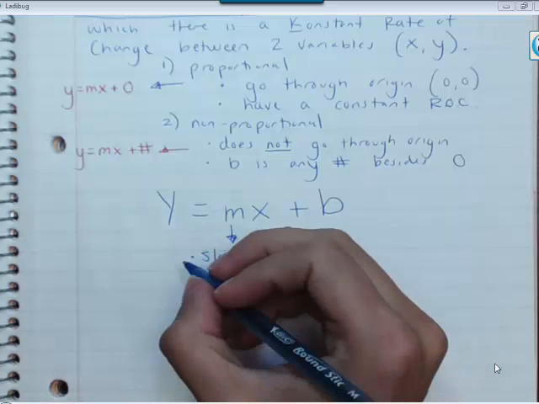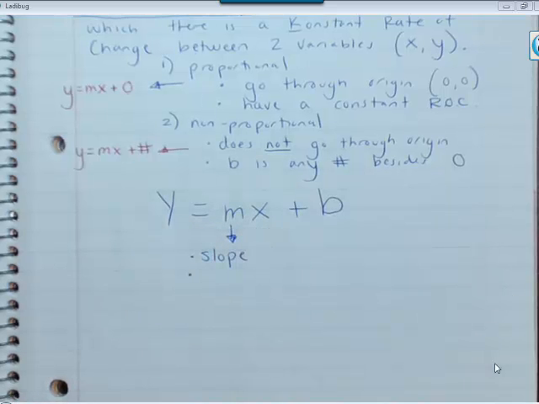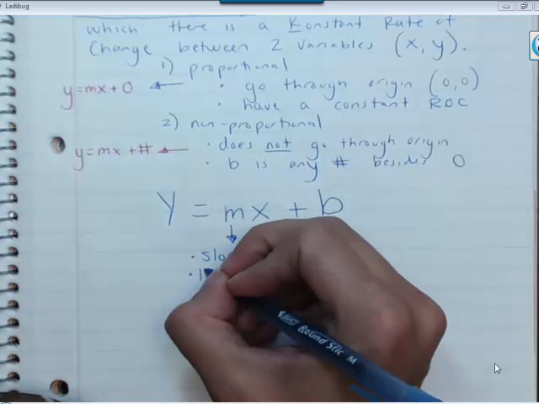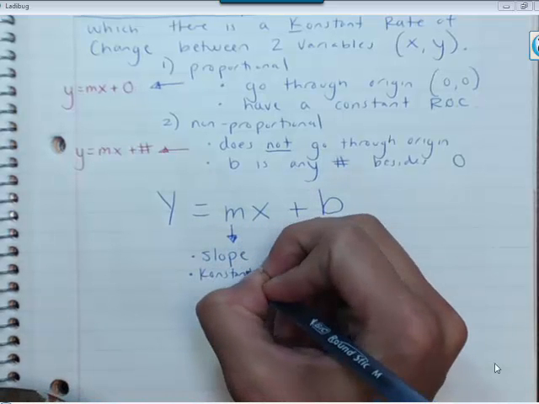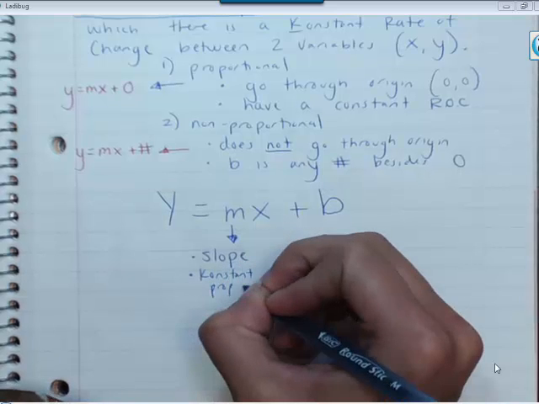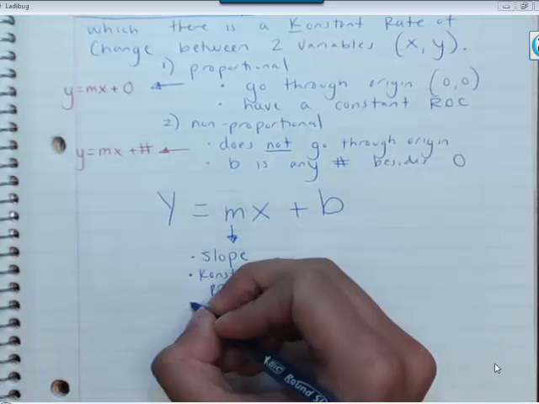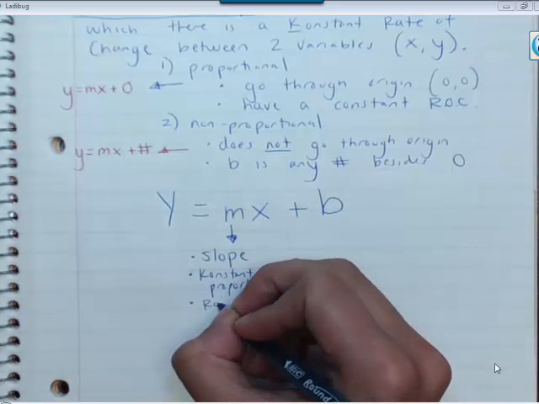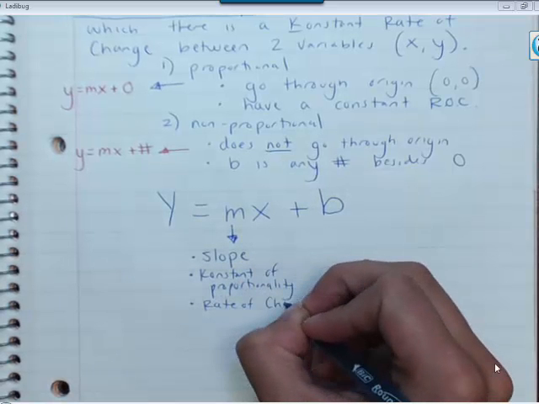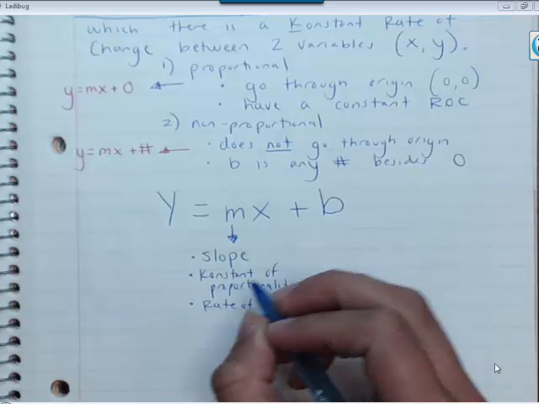However, remember, slope has a couple different names. It's also our constant of proportionality. It is our rate of change. It's our unit rate.